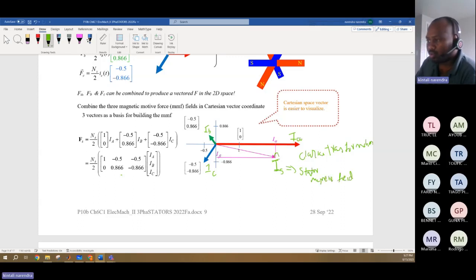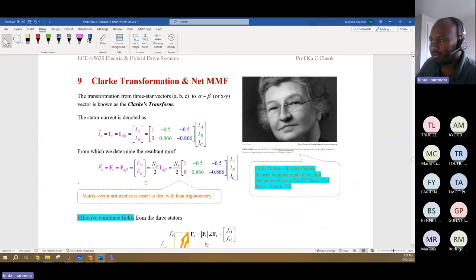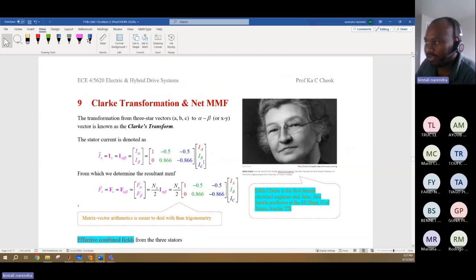So what is happening? We take this IA and IB and IC, and by using the Clark transformation technique, we find I alpha and I beta. If you multiply IA, IB, and IC with the Clark transformation matrix, you can find IS, or I alpha and I beta.